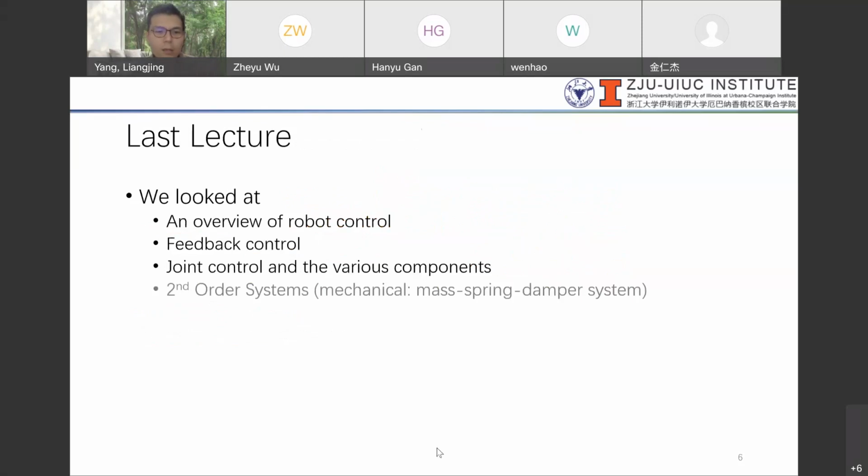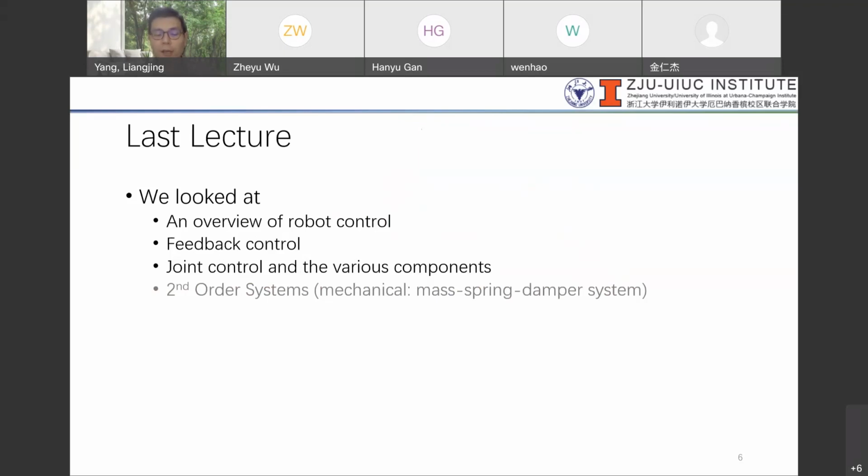Last lecture, like what I mentioned, we looked at an overview of robot control. This is actually last week's material. We looked at the overview of robot control, and then we talked about feedback control. Essentially we are going to use feedback control for our robot control, most of the time when we don't have exact knowledge of the system, and we expect some disturbance and a lot of uncertainty.